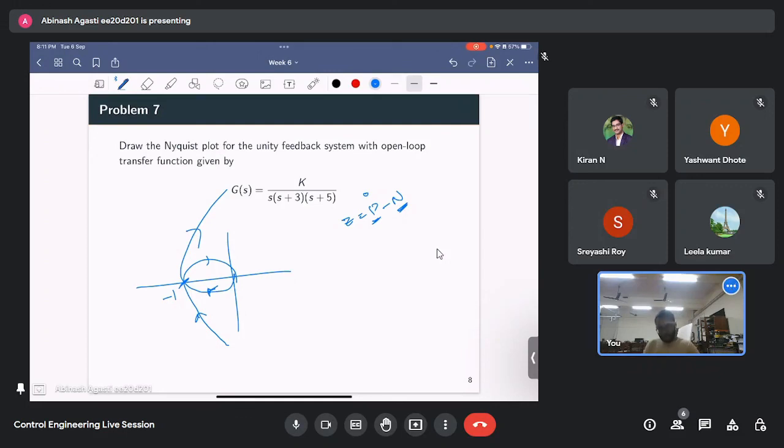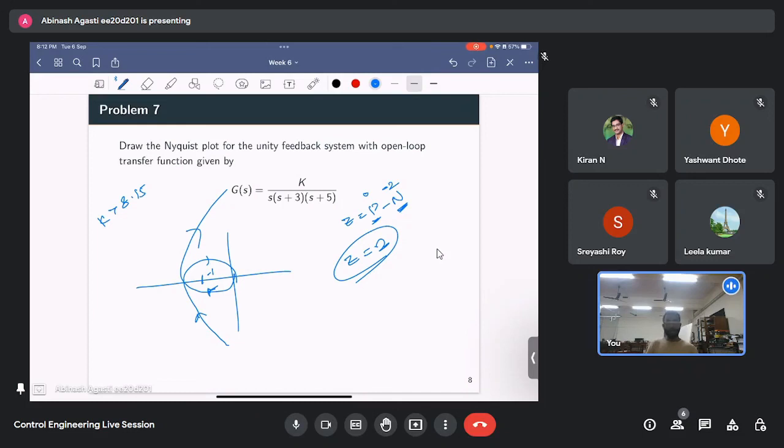But suppose you took a k value greater than 8.15, then minus 1 will be somewhere here. So here you have 2 encirclements. Because it is clockwise, N will be minus 2. So this will give me 2 closed loop poles in the right half plane. So for k greater than 8.15, our system is unstable. For the system to be stable, we want k less than 8.15.